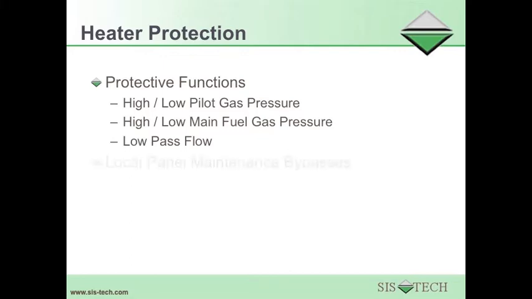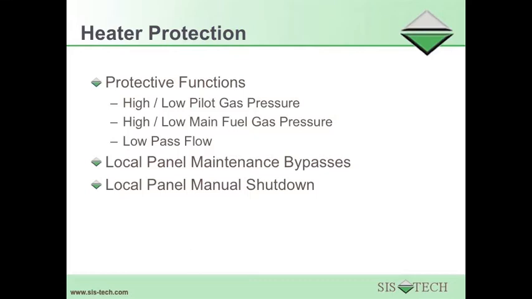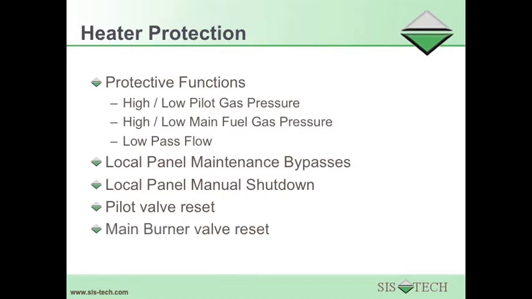The system will also provide maintenance bypass capabilities by using bypass key switches for each of the functions or group of functions, and provide manual shutdown capabilities as a compensating measure and local reset commands to open the pilot valves and main burner valves.